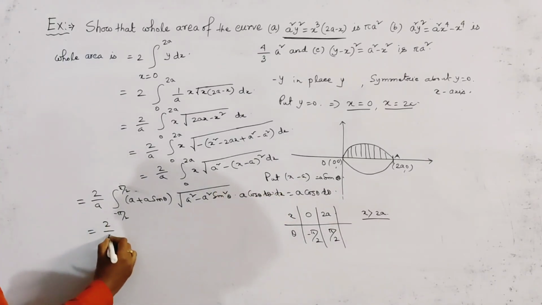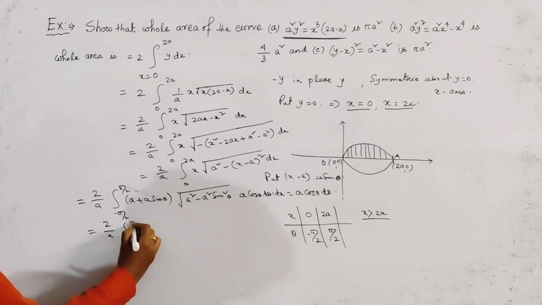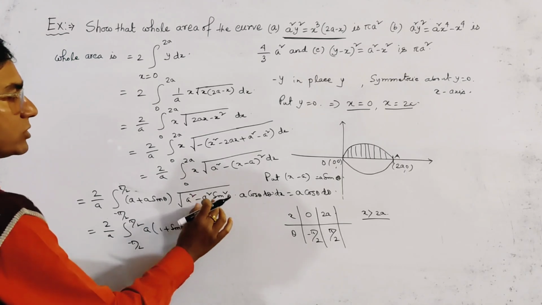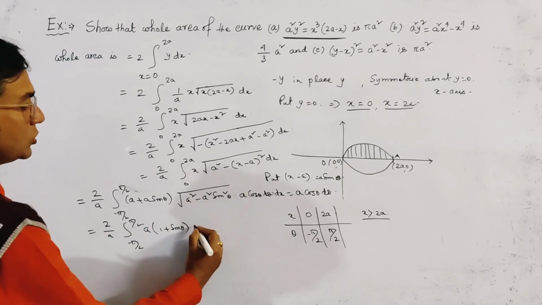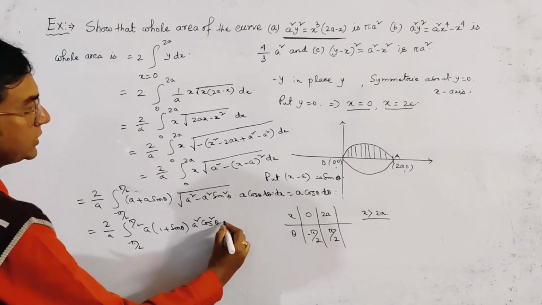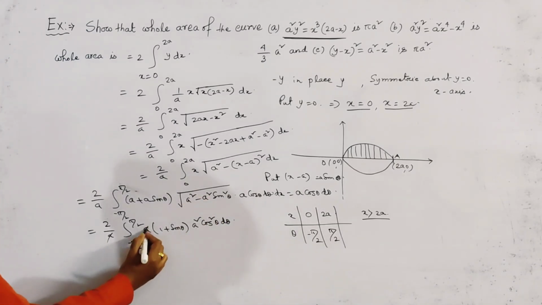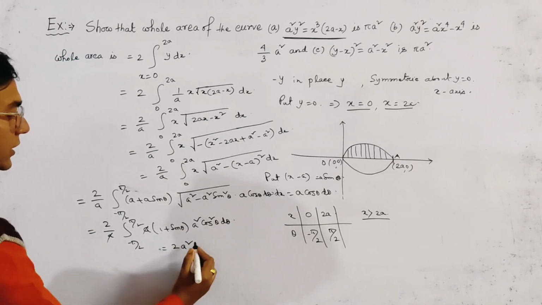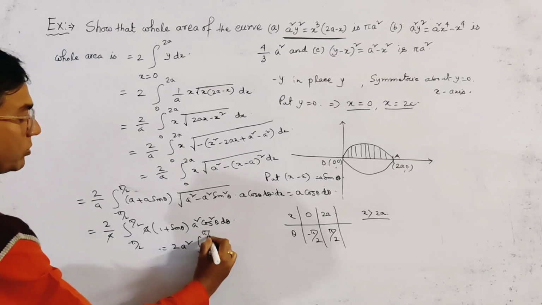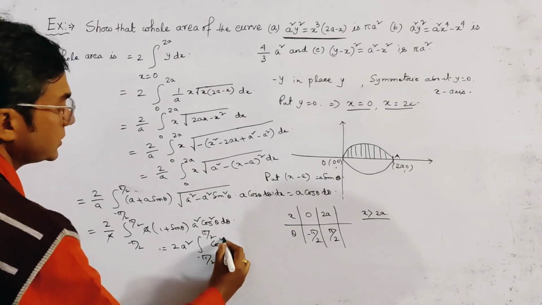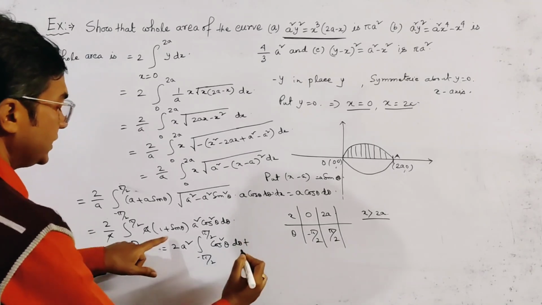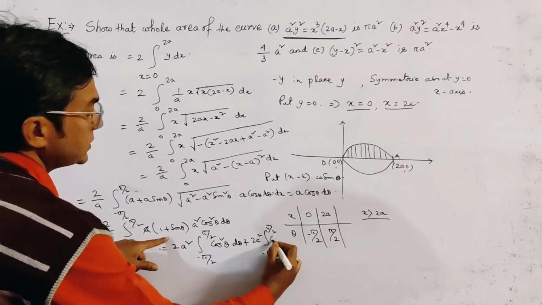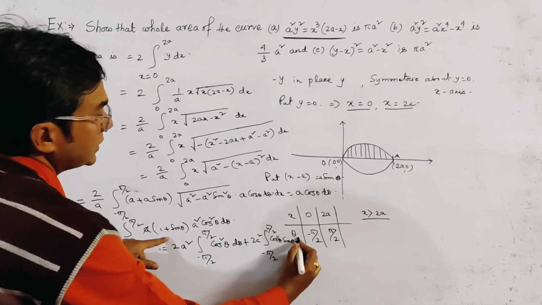So 2 by a times the integral from minus pi by 2 to pi by 2 gives a into (1 plus sin theta), into cos theta from one factor and cos theta from the other, so this is a square cos square theta d theta. The a cancels out, and we get 2a square times the integral from minus pi by 2 to pi by 2 of cos square theta d theta, plus the second integral, 2a square times the integral from minus pi by 2 to pi by 2 of cos square theta sin theta d theta.